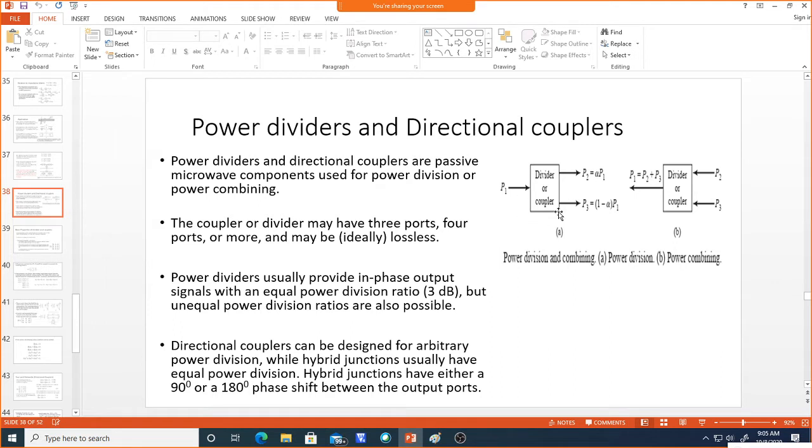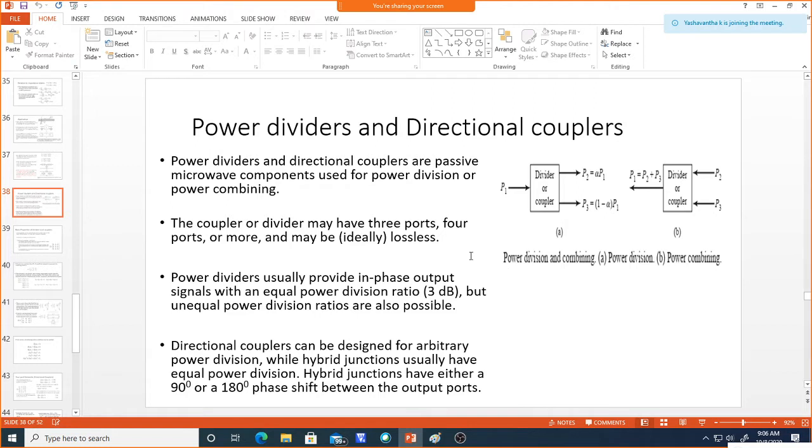Generally we assume these power dividers and couplers are lossless. If you take the loss into consideration, then you have to do some complex calculations. So for the calculation as well as for understanding purposes, we generally use ideal power dividers, that is, lossless power dividers.